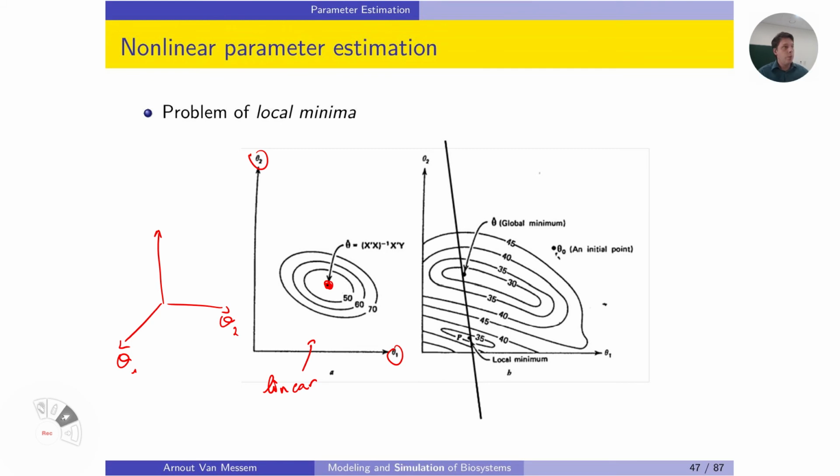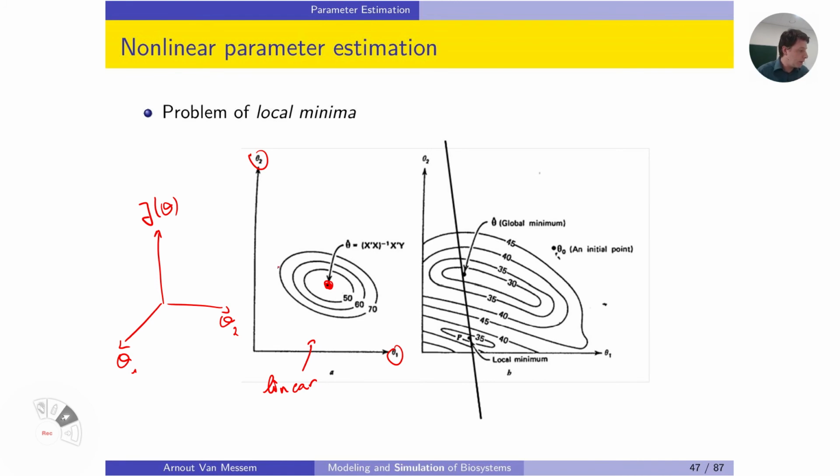And then on top of that one, you have an axis which corresponds to J(theta), the values of the objective function. And each of the lines, each of the ellipses, is basically a level of J(theta) where we made a cross section, where we cut through that level, and then we see how theta 1 and theta 2 correspond to this level of the objective function.